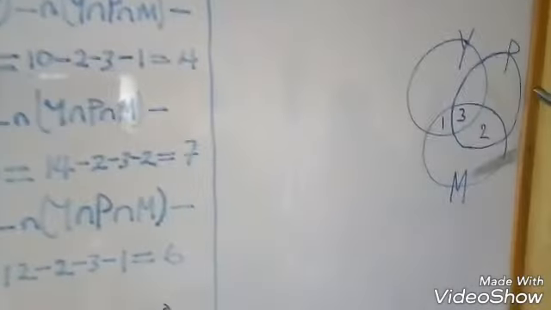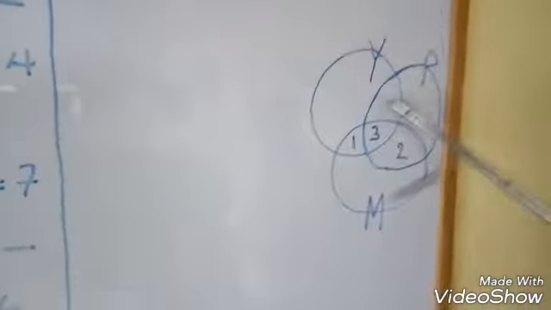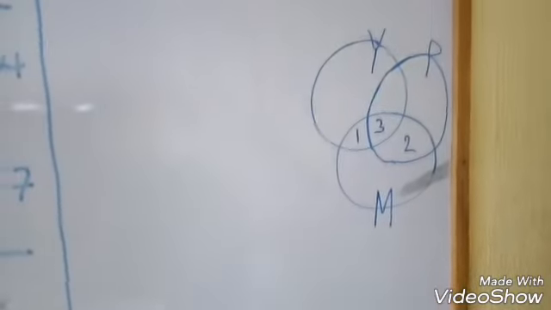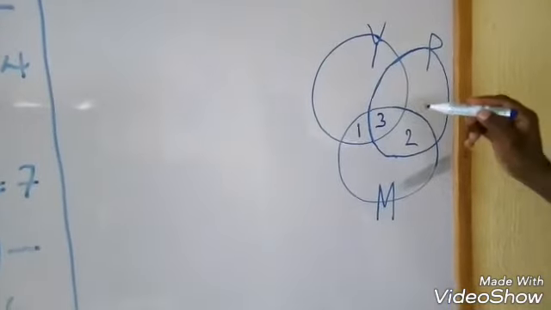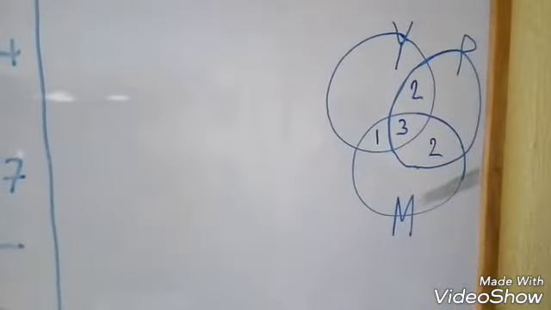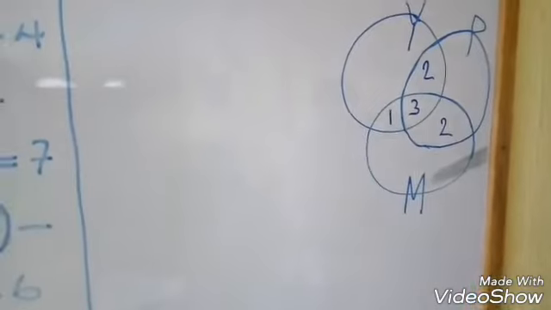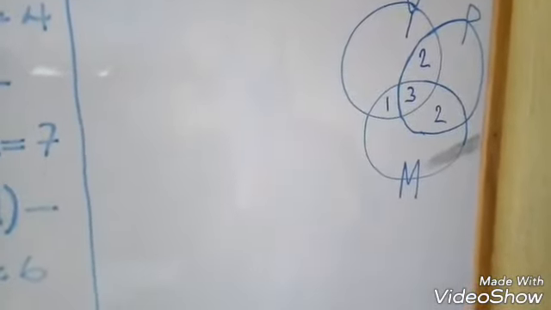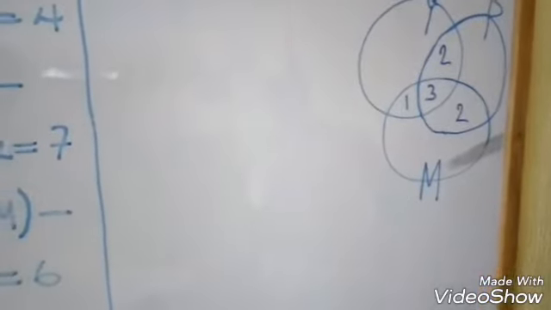We are told from the question that those who sold yam and plantain only, this region, is given as 2. Those who sold yam and plantain only is given as 2. It was written earlier.